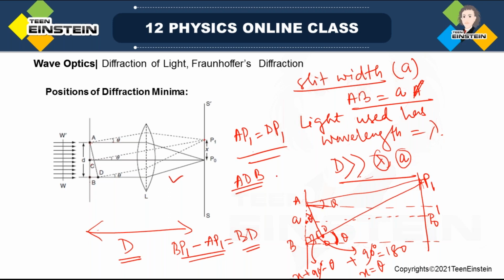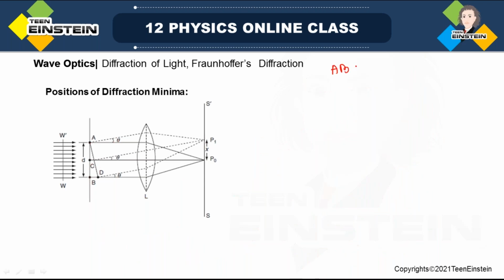Let me clean everything. I'll write AB has length L, the light wavelength is lambda, and D, the screen distance from the source, is much greater than these two. So this particular angle is theta again. From here you can easily find out. Let me just draw one thing.